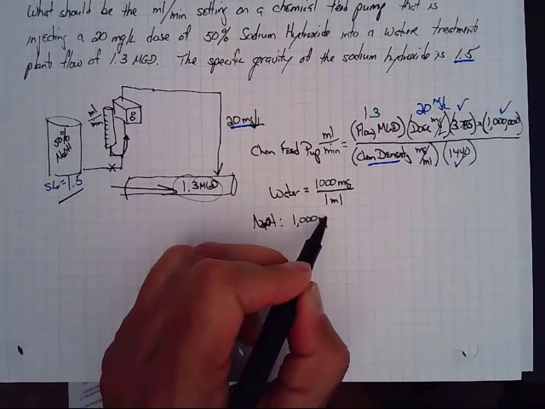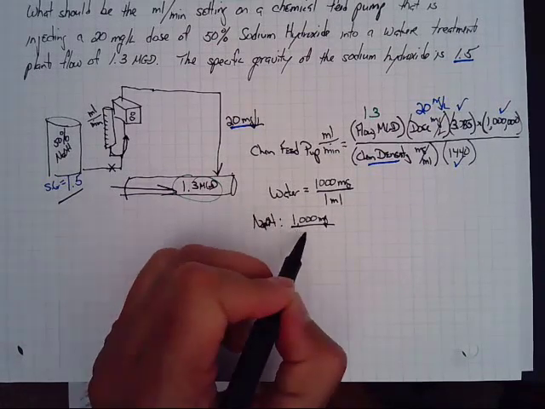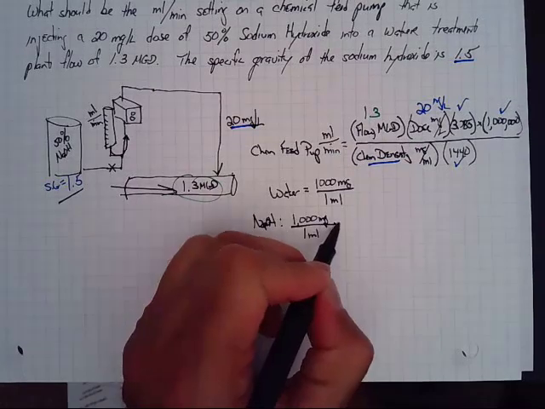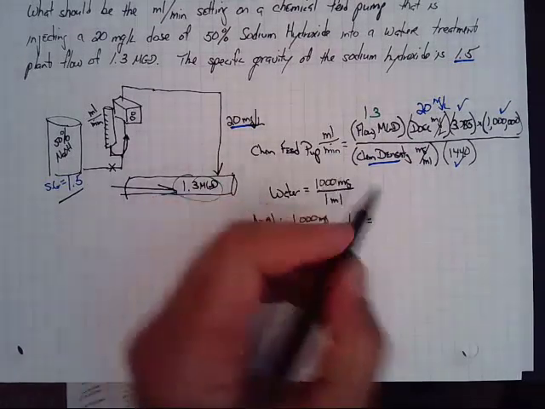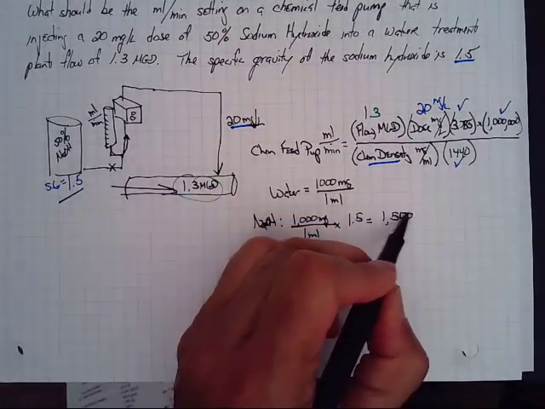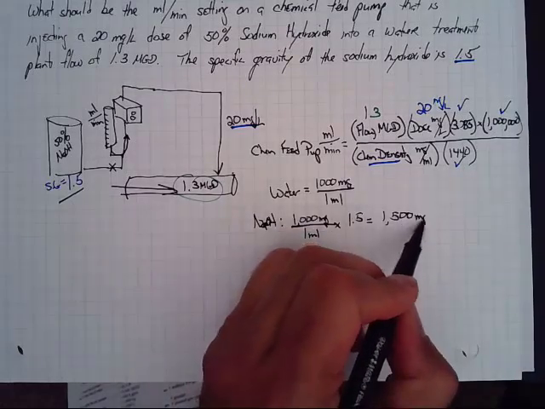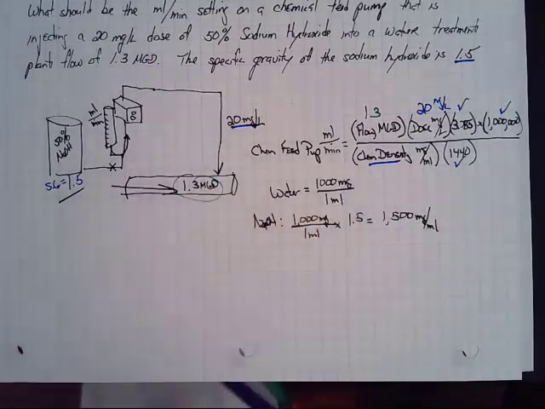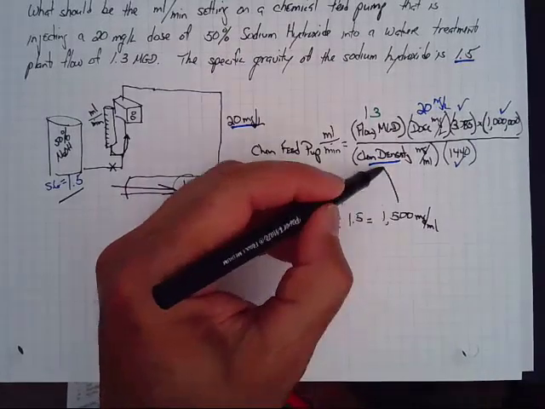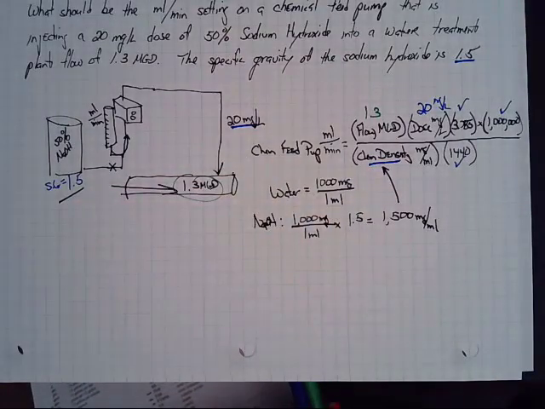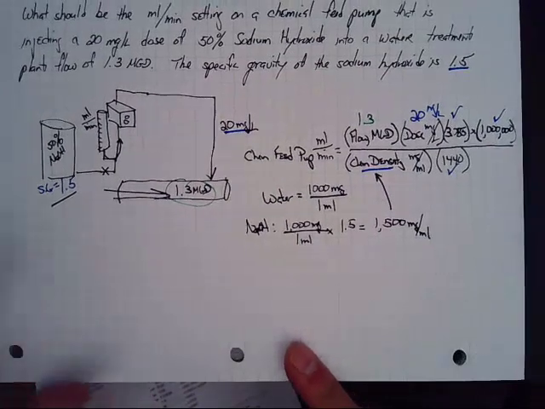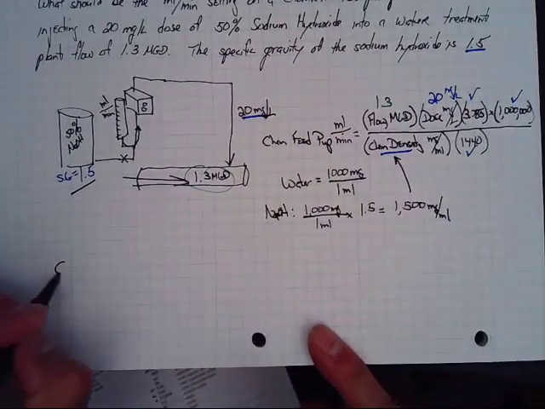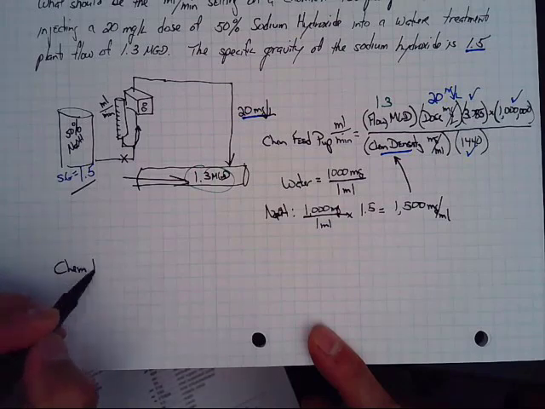So if the density of water is 1,000 milligrams per 1 milliliter, times 1.5, that gives us 1,500 milligrams per milliliter, and that is the number that we can use in our formula. So then we go back to doing our calculation and plugging the numbers in.